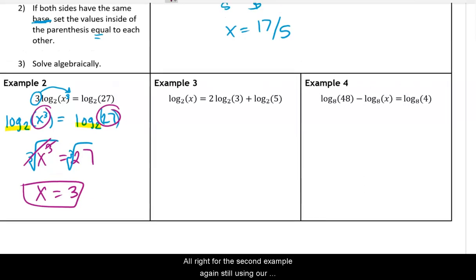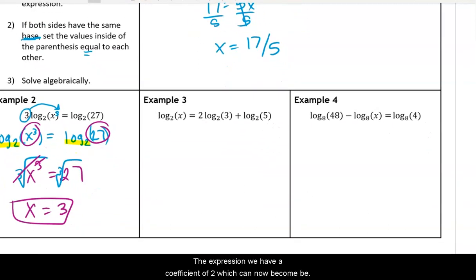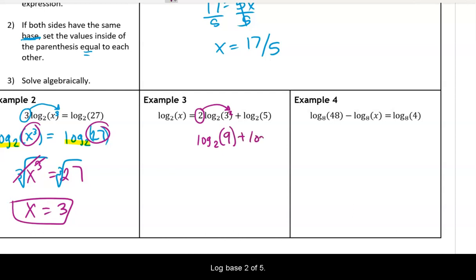All right, for the next example, again still using our properties of logs to condense the expression, we have a coefficient of 2, which can now become the square on the 3. So we can rewrite that as log base 2 of 3 squared, which is actually 9. So I'm going to go ahead and write that as 9, plus log base 2 of 5 equal to log base 2 of x.